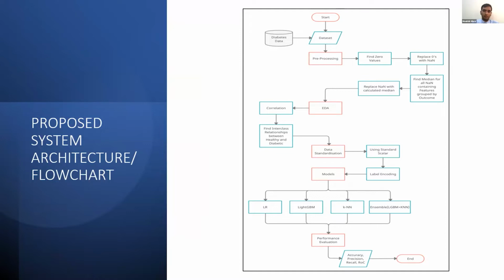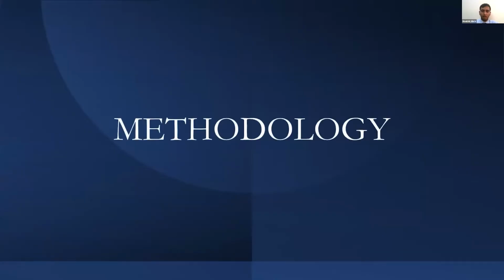Then we find the correlation and the interrelation between healthy and diabetic patients, and then perform data partitioning and data standardization using standard scaler, followed by implementation of models, and then performance evaluation using standard metrics such as accuracy, precision, recall, and ROC-AUC score, and so on. I'll just be going over the methodology now.